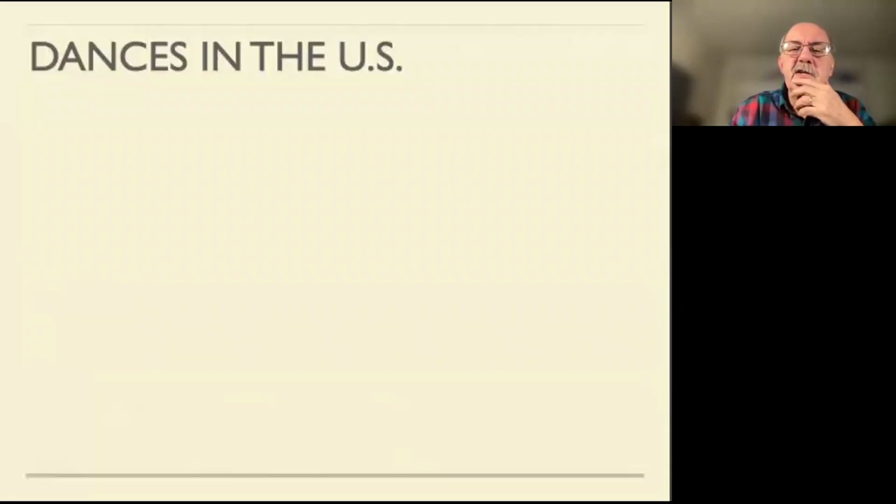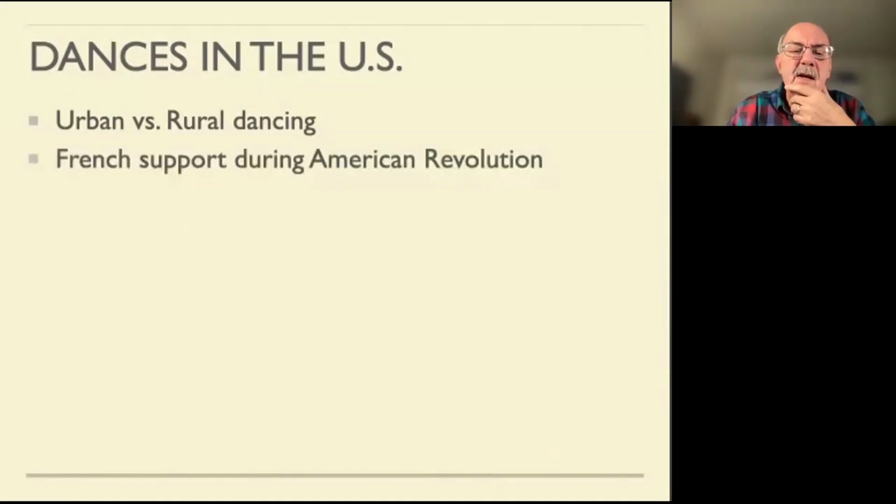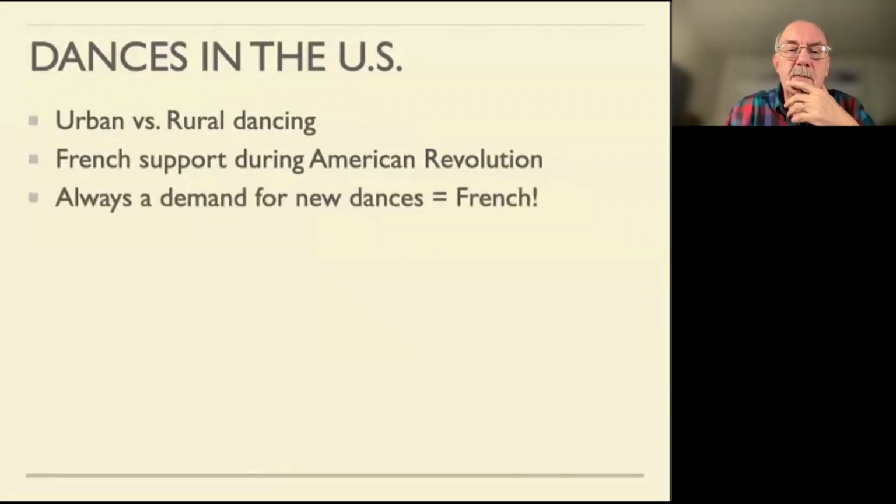Briefly, let's take a look at dancing in the U.S. We have this distinction between urban and rural dancing. We have the French supporting the Americans during the Revolution, and so all things French become popular. And at this point, the French dances are these four couple dances. There's always a demand for new dances, which means the French dances.